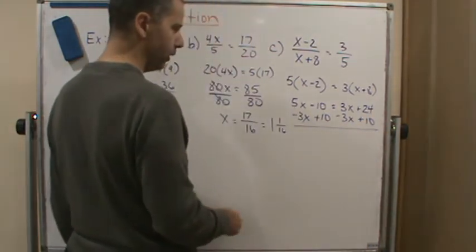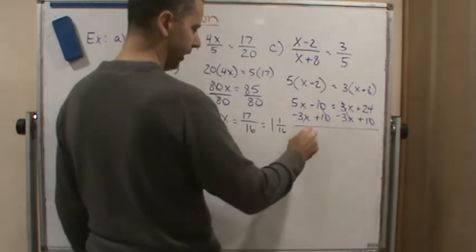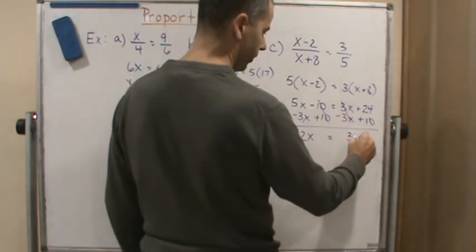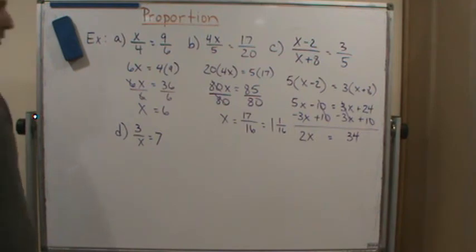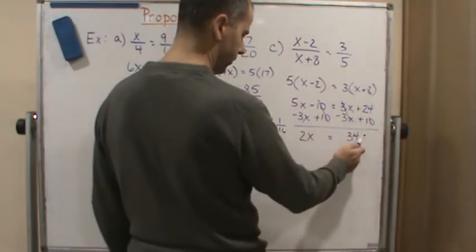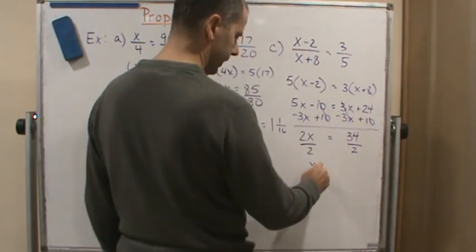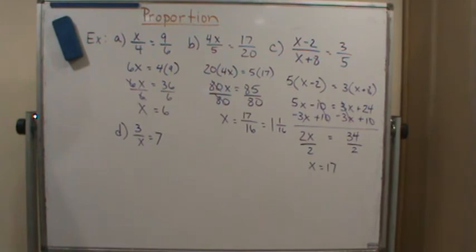If we add down, these are going to go away, these are going to go away, and so we get 2x equals 34. And so now all I have to do is divide both sides by 2, and I get x equals 17. Okay, so far so good.